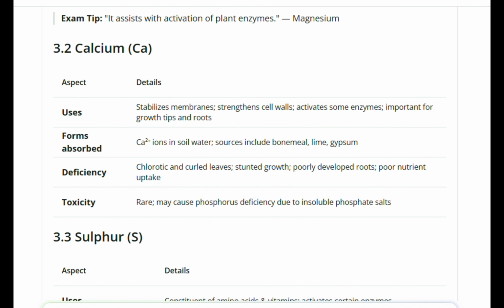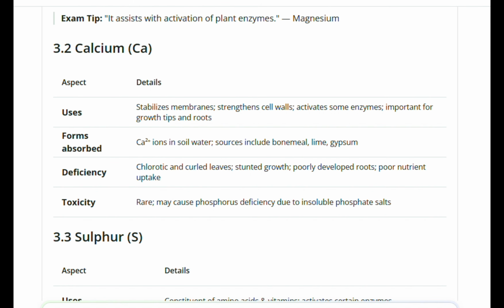Sources include bone meal and lime. Deficiency will make the leaves chlorotic and curled, with stunted growth, poorly developed roots, and poor nutrient uptake.